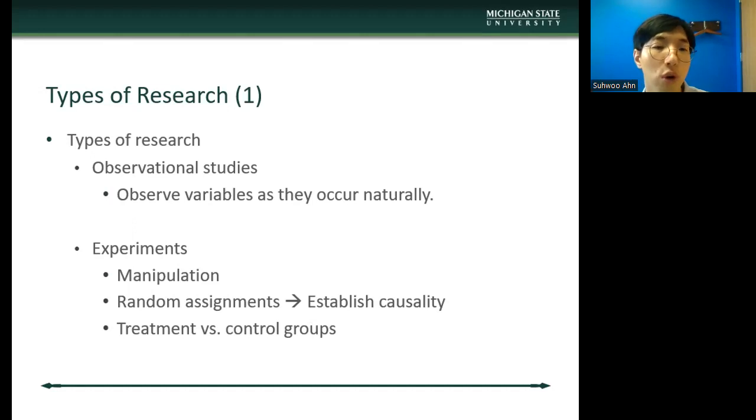However, the control group is used to establish a causal relationship by isolating the effects of an independent variable. So people in the treatment group receive the kind of treatment that researchers are interested in. Then we can see the effect or influence of the treatment compared to the control group.